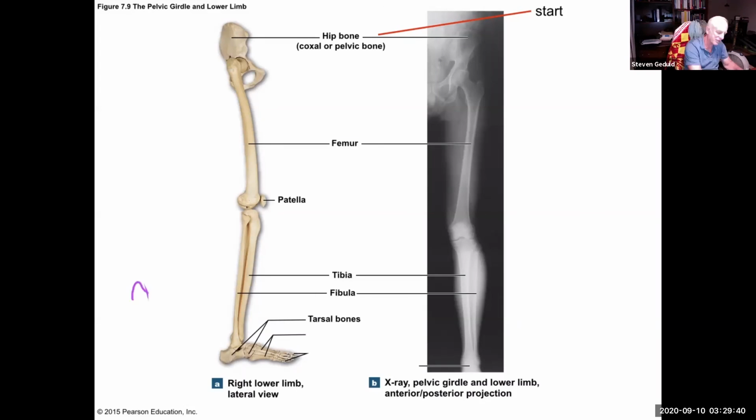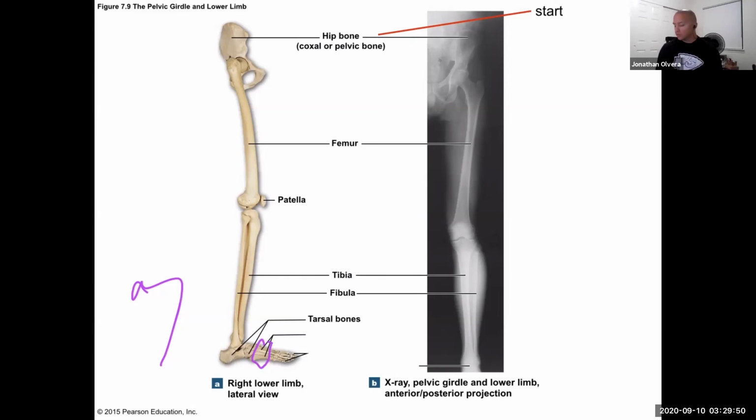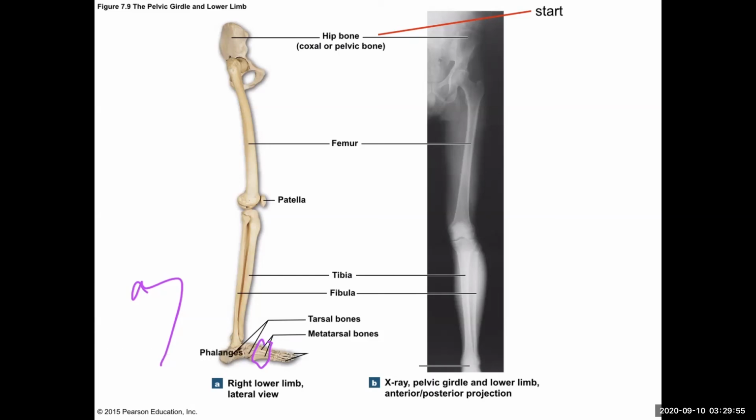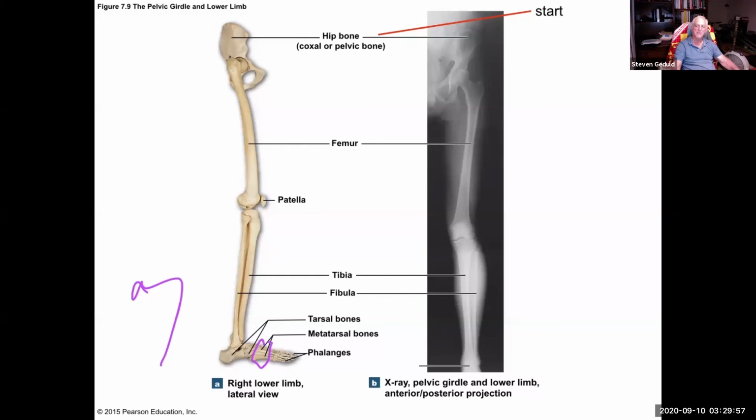There are 7 tarsal bones that make up the ankle. Okay, and these bones make up the arch of the foot. Metatarsal bones. And the other ones are phalanges. There are 3 phalanges in every digit except for the hallux, which only has 2.